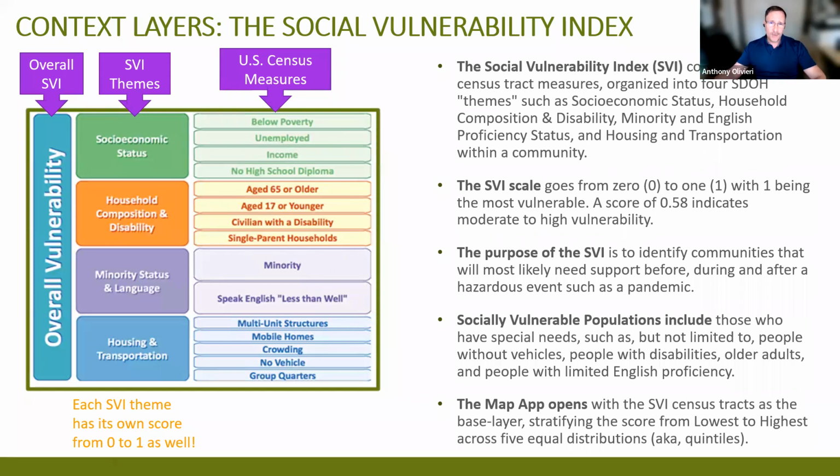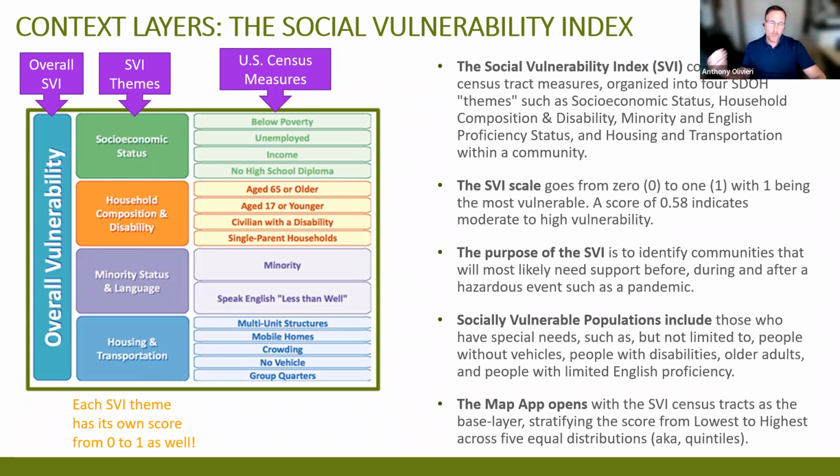The SVI solves that problem by creating an overall score of 0 to 1 that incorporates vulnerability across all these themes. So if you have a high social vulnerability census tract, you know that it's incorporating several themes, and that score may be driven by one or more of the themes.